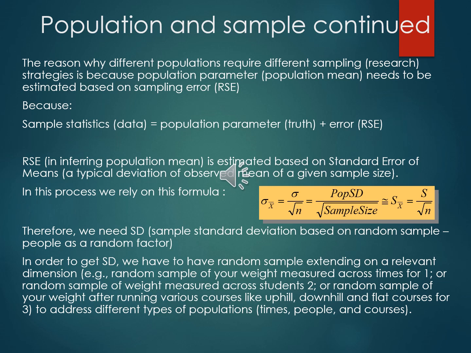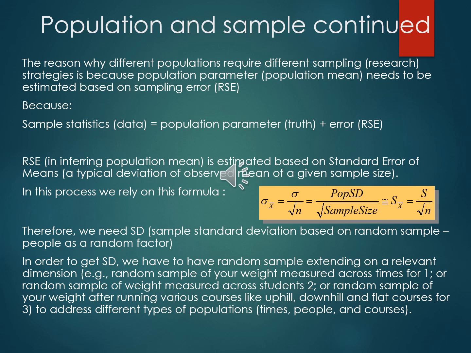Given the standard error of the mean is estimated by sample standard deviation divided by square root of n, we need the standard deviation, and this standard deviation of the sample needs to extend to the respective population dimension that you are interested in.